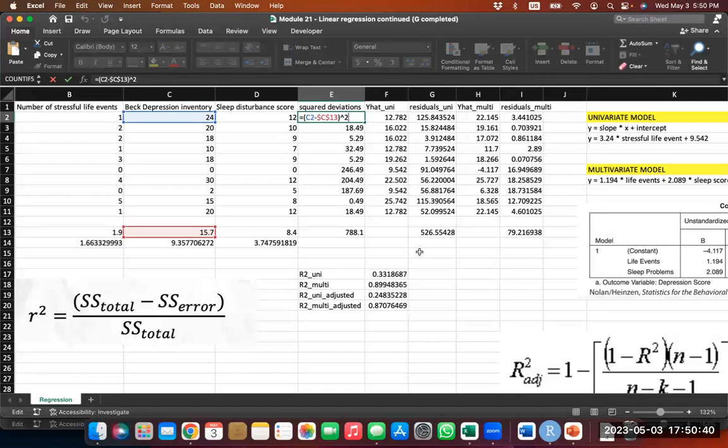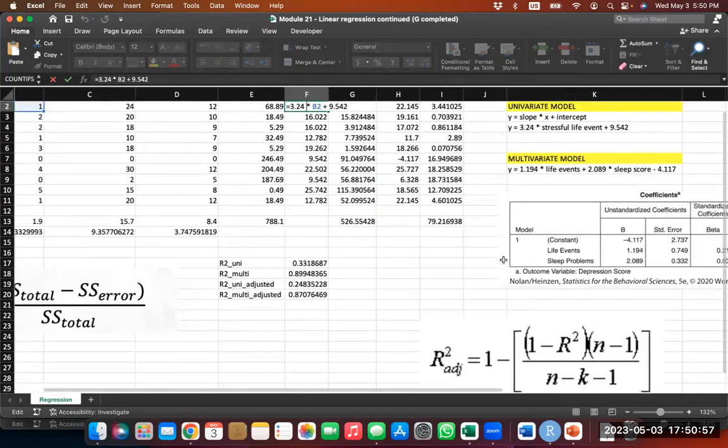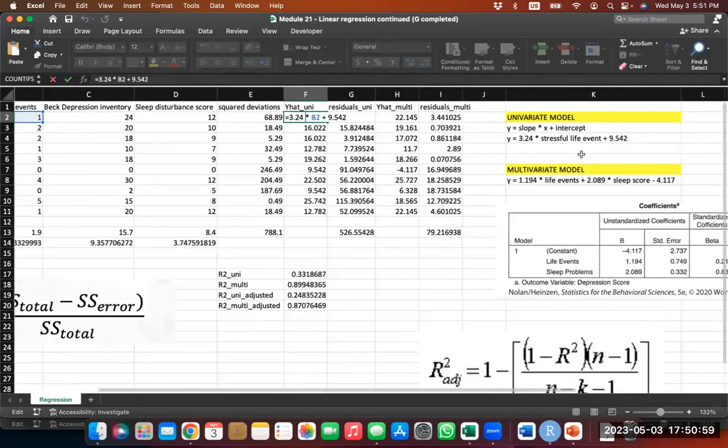Now, secondly, we need to calculate the sum of squares error, which is essentially our residuals of a univariate regression analysis. So we're calculating a predicted value, using this equation that we have derived here from our univariate model.